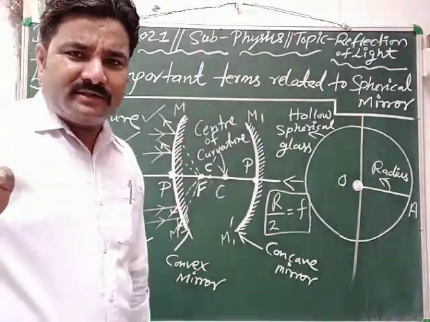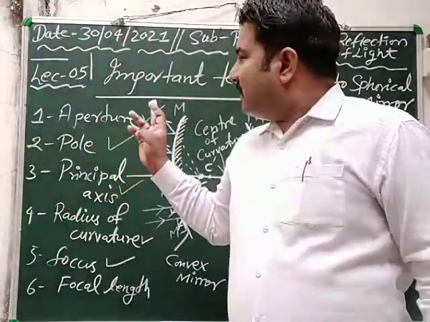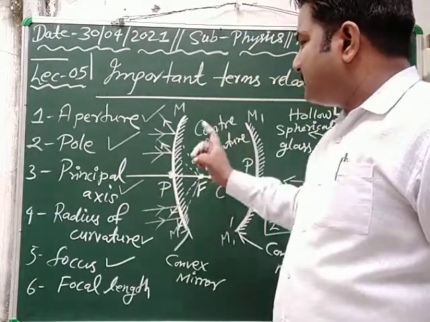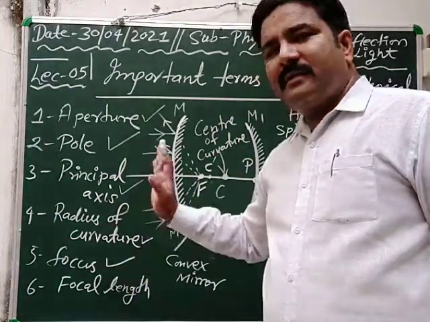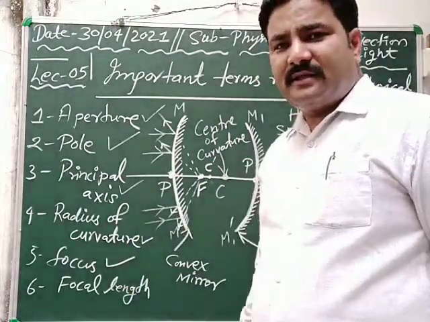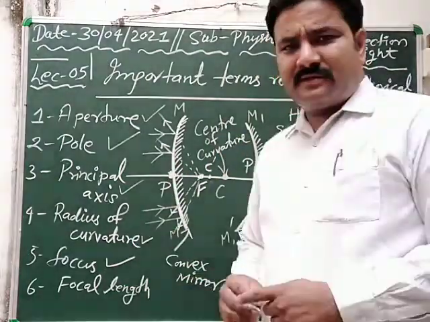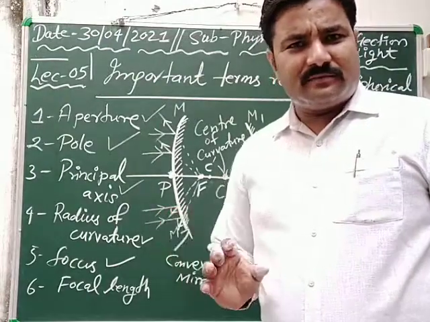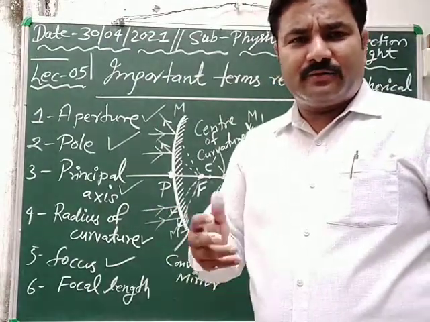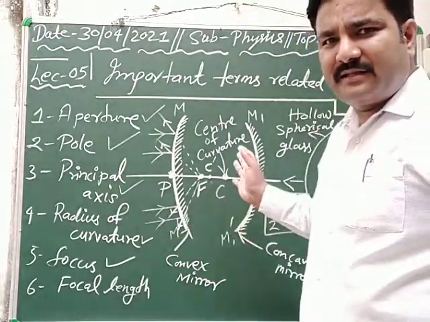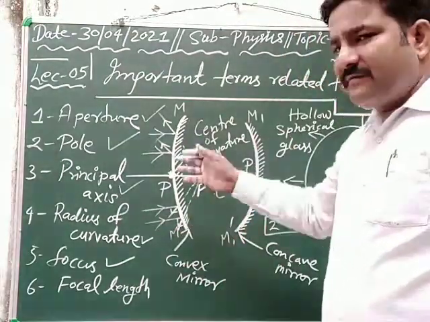So 7 points: aperture, pole, principal axis, center of curvature, radius of curvature, focus and focal length. Clear? So write all these 7 points in your notebook and try to understand all the concepts, how they apply in the case of either a concave mirror or a convex mirror.